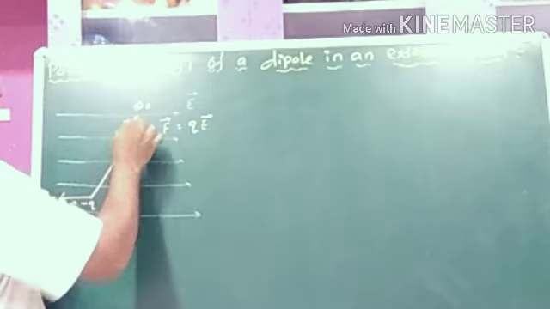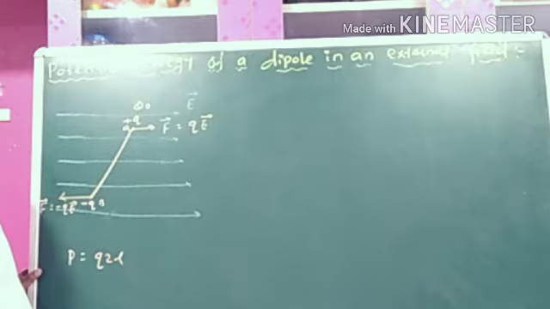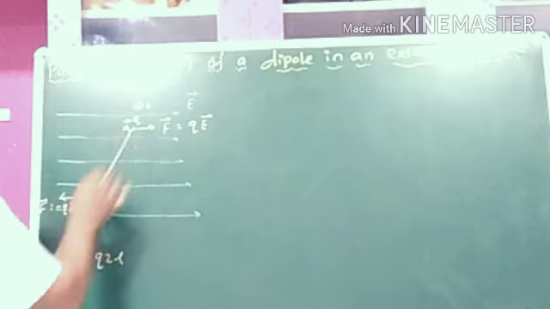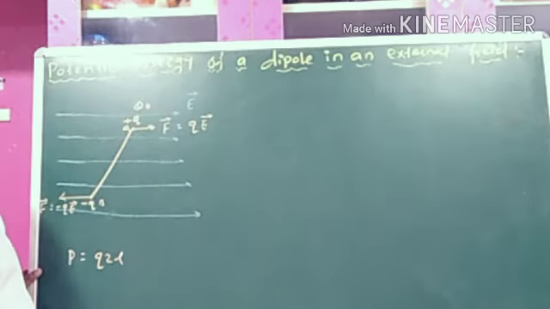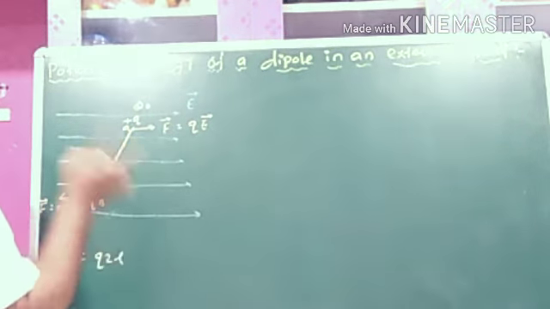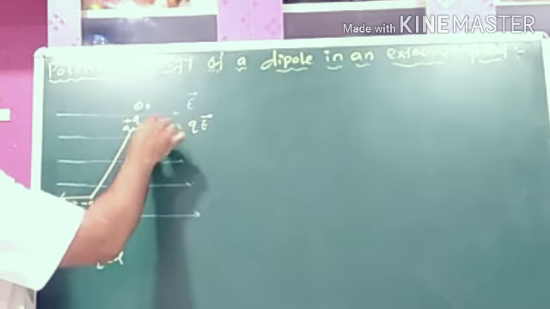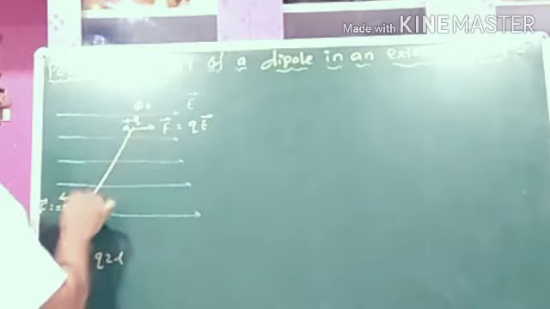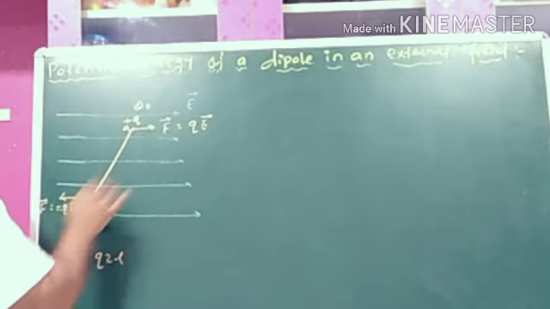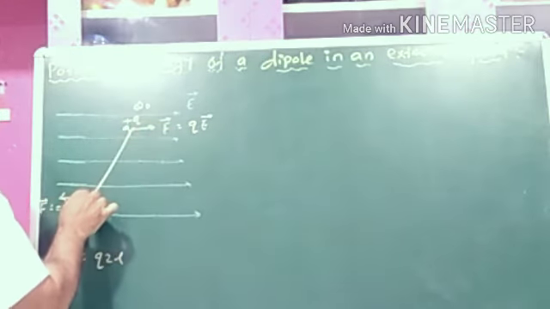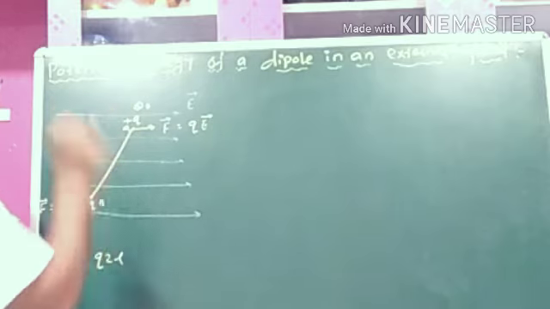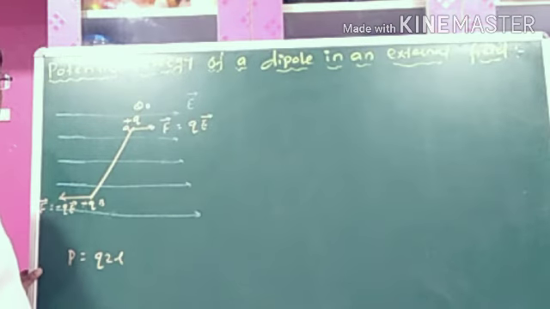Suppose this point is A and this point is B. We keep this dipole inside the external electric field. Due to these two equal and opposite forces acting on this dipole, the dipole experiences a torque.